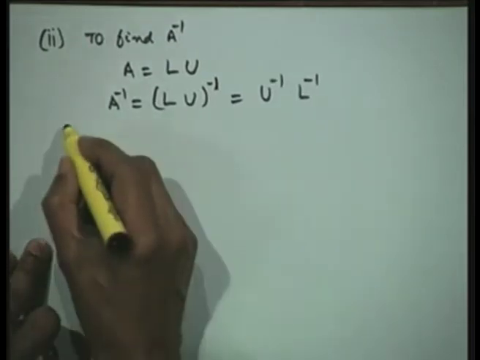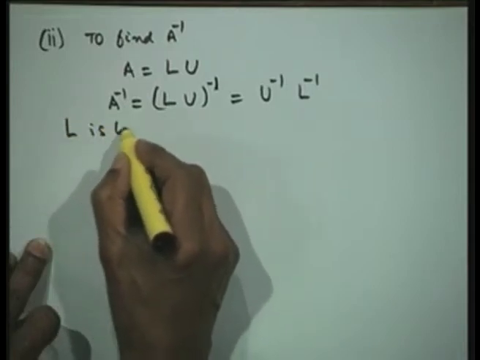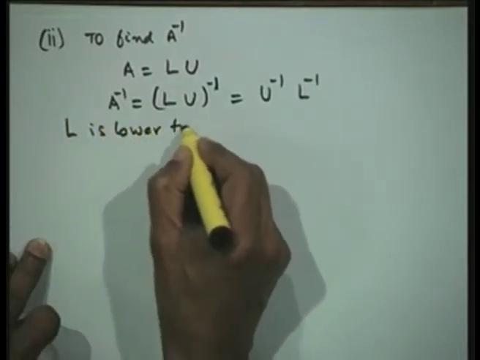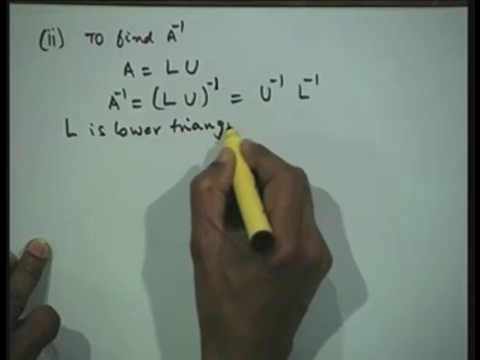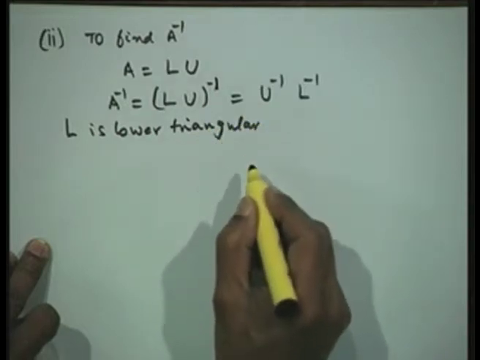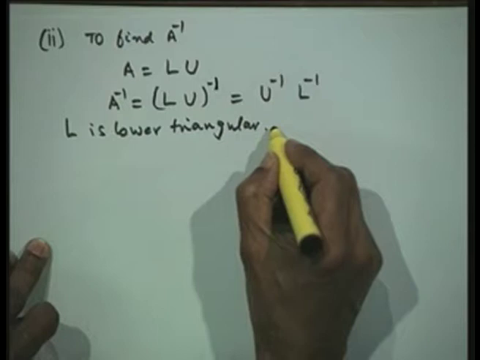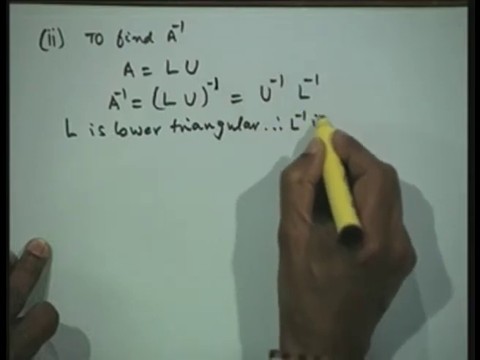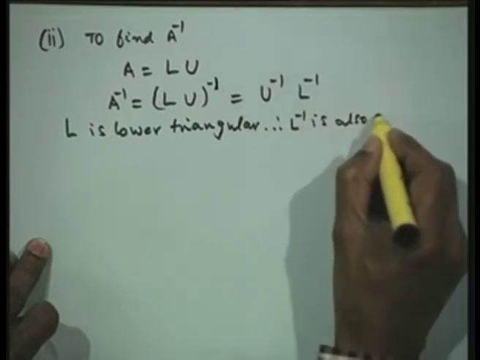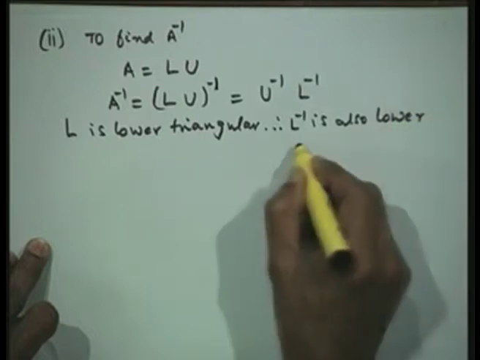Now, we know that L is lower triangular, therefore L inverse is also lower triangular.